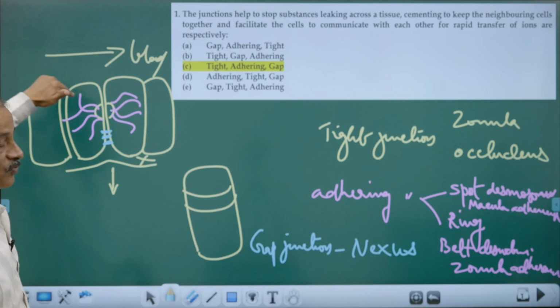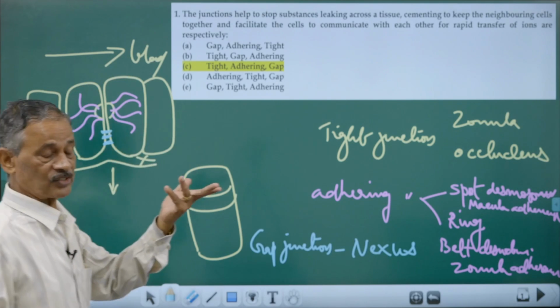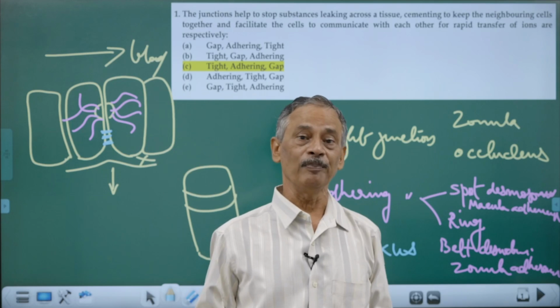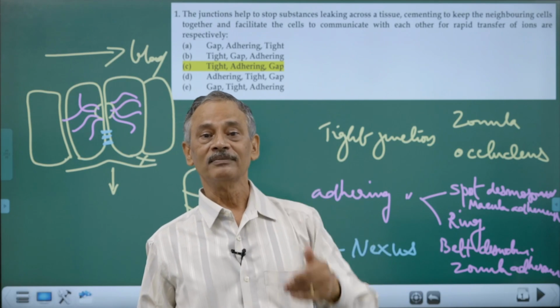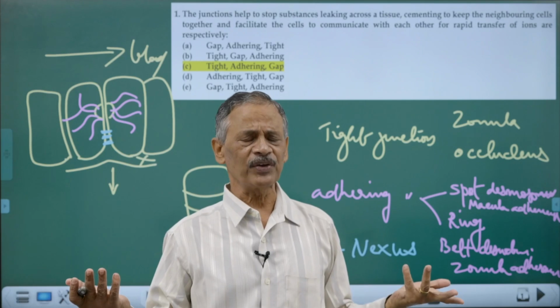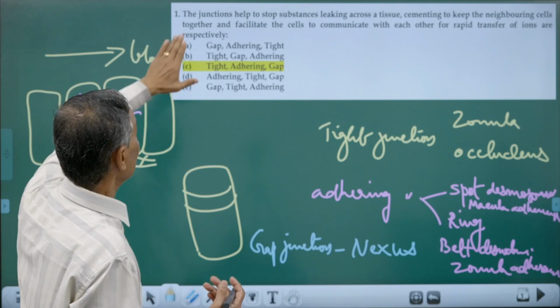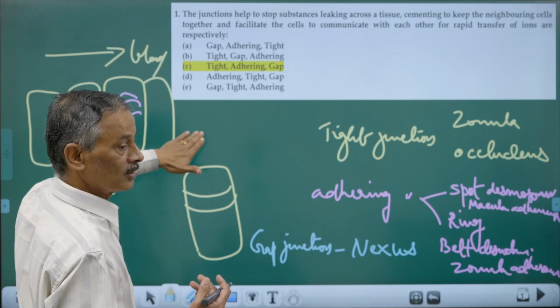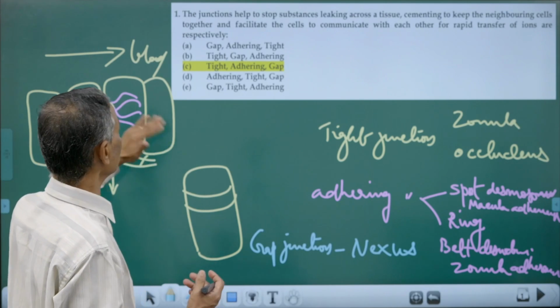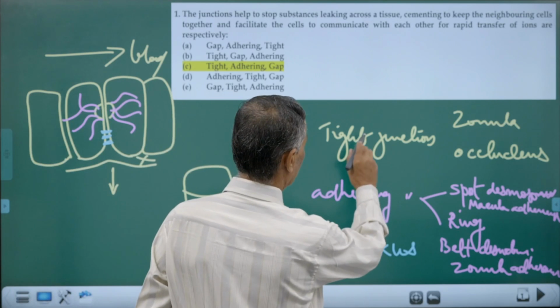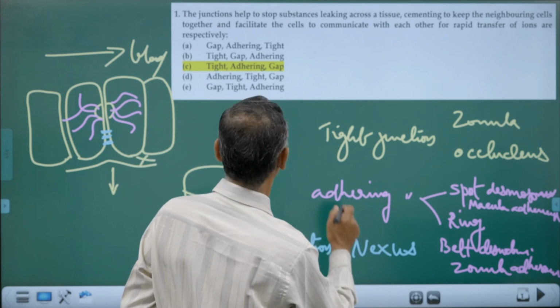On the apical surface, which is free, you may have some modifications like microvilli that will give a brush bordered epithelium, or maybe cilia. Such modification may also be there. But these three modifications are on the lateral sides where the cells are communicating with each other laterally. So they are all present in the lateral membranes. Clear? So that should be the order: tight junctions, adhering junctions, gap junctions. Clear?